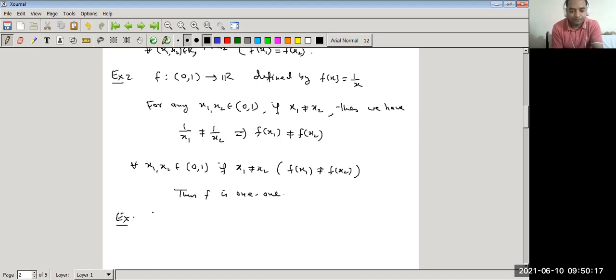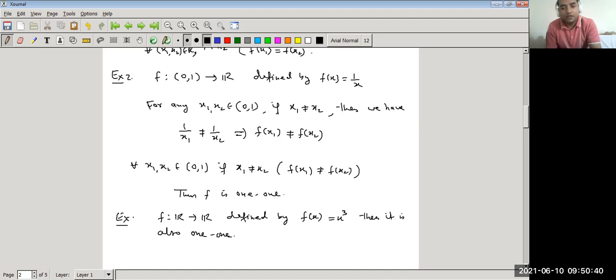Similarly, if we consider a mapping f from R to R, set of real numbers to real numbers, defined by f of x is equal to x cube, then this function is also 1-1.